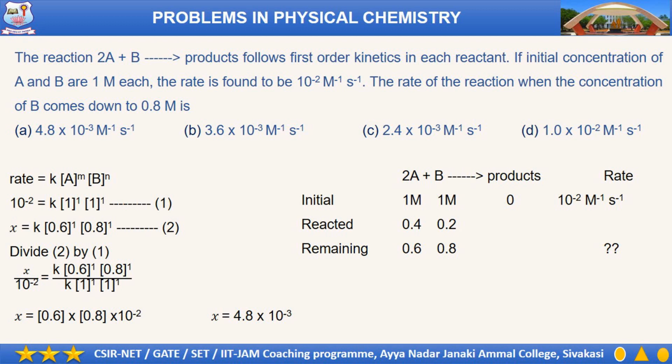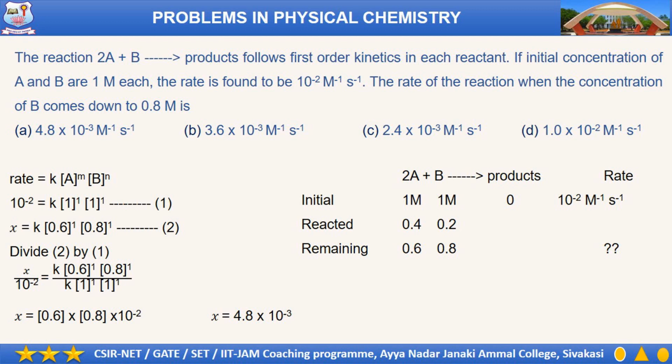When the concentrations are 1 molar, the rate is found to be 10 power minus 2 per mole per second. 2A plus B giving the products. Initially, 1 mole is present, 1 mole is present, 0 product. When the concentration of B is 0.8, what is the rate?